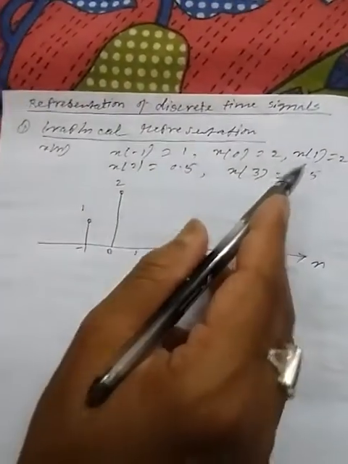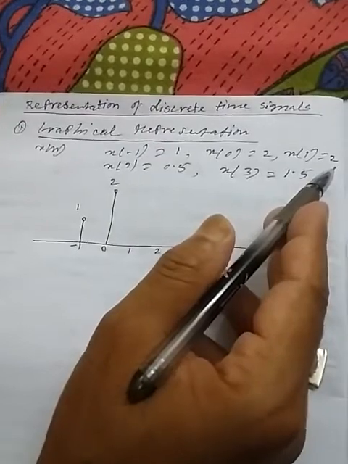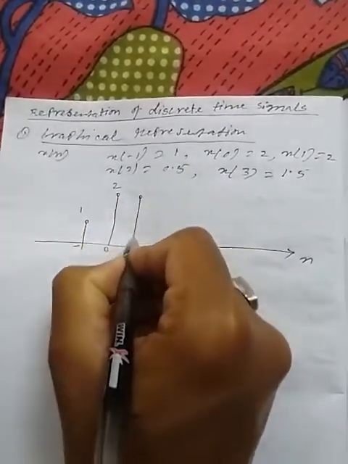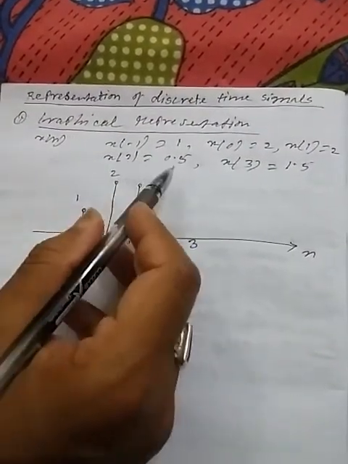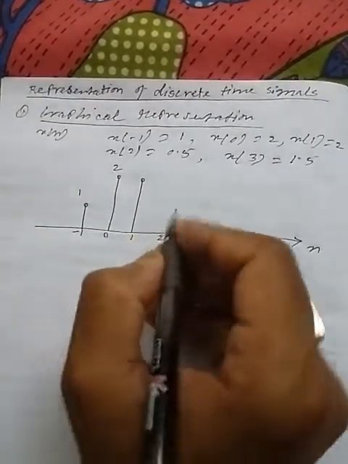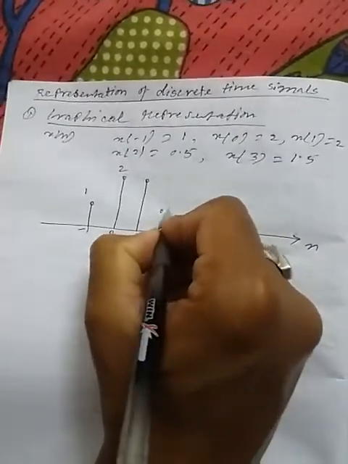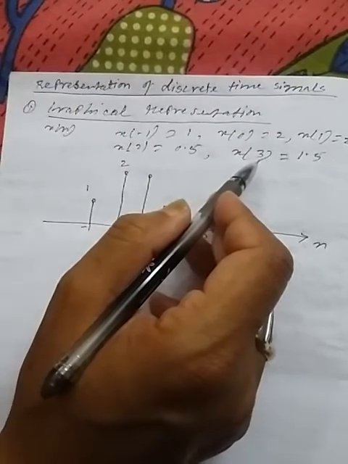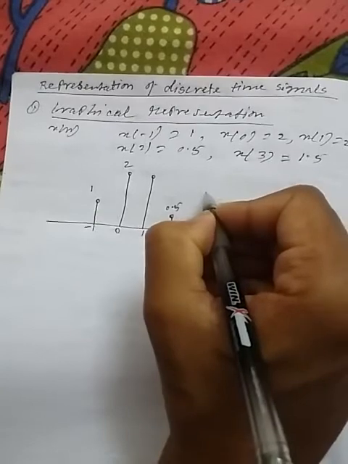Now when n equals 1, then also x[n] equals 2, so here is also 2. When n equals 2, then x[n] equals 0.5, so half of this value, so this is 0.5. Again, when n equals 3, then x[n] equals 1.5, so 1.5 is here.